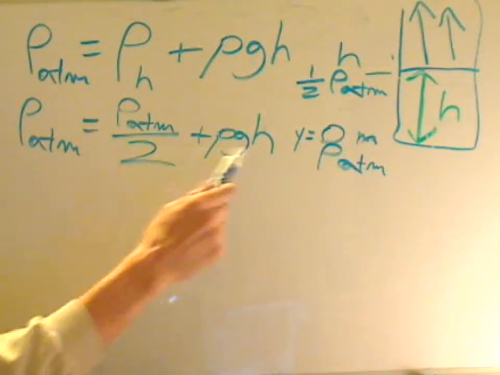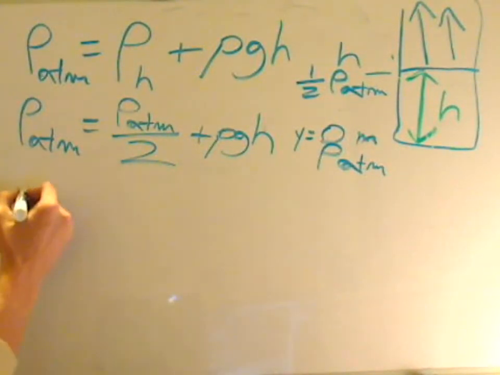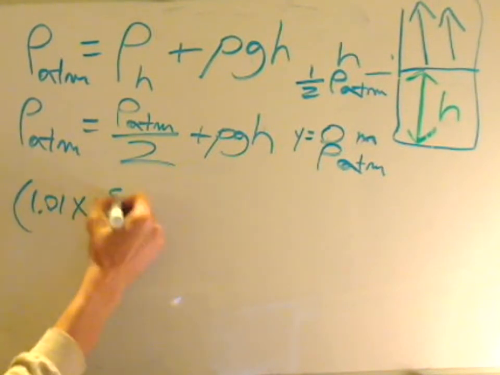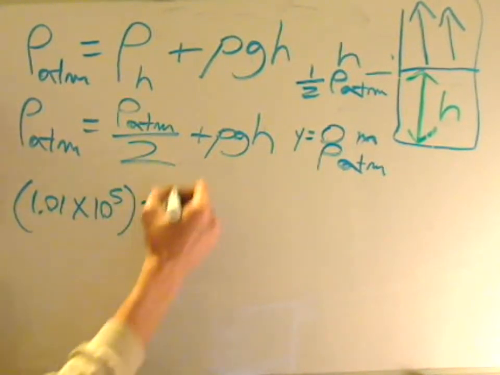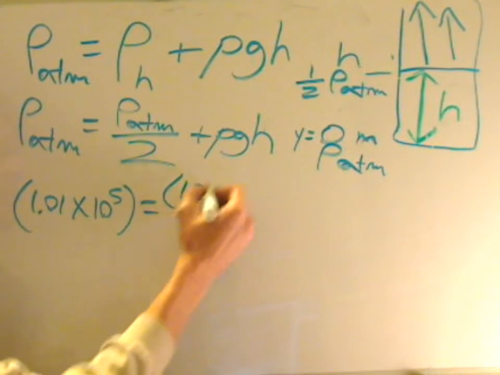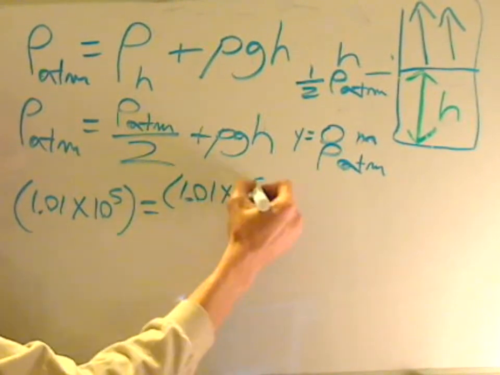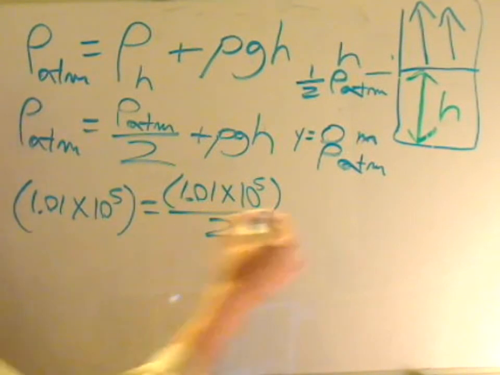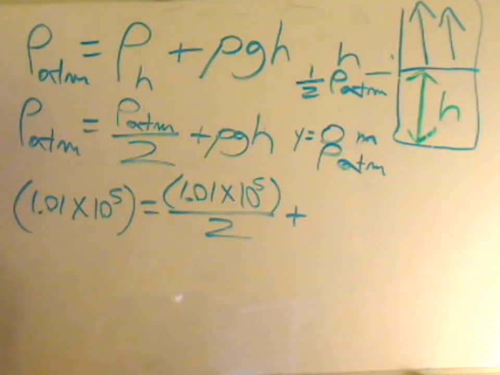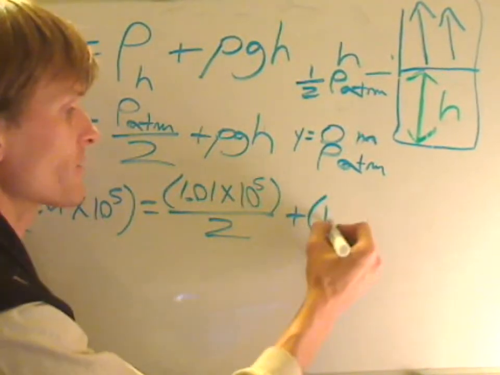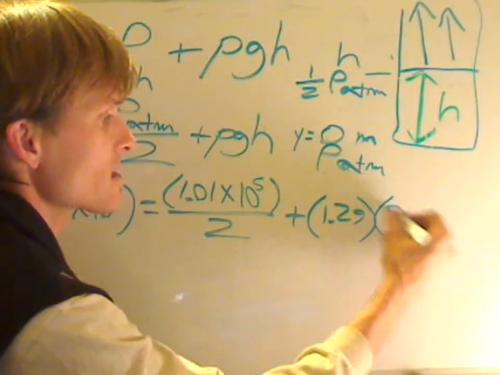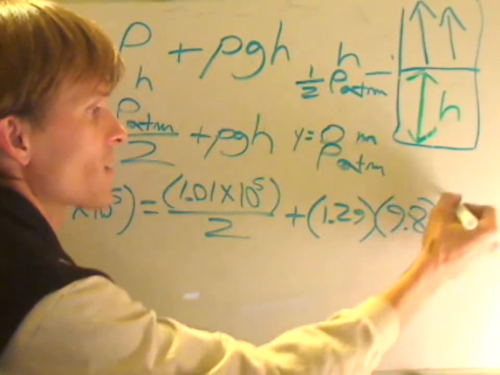So we can start plugging in numbers here. Atmospheric pressure is 1.01 times 10 to the 5, which equals half of that for this term, plus rho g h. The density of the atmosphere, again, is 1.29, g is 9.8, times our height h.